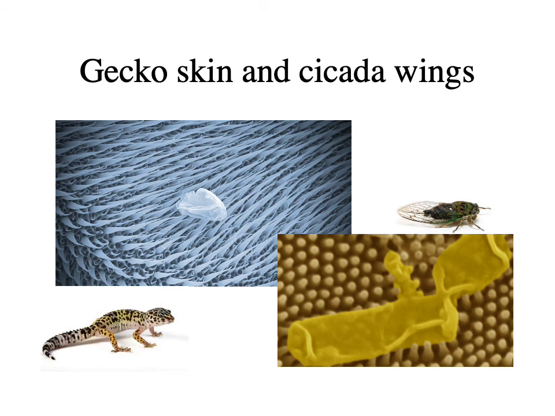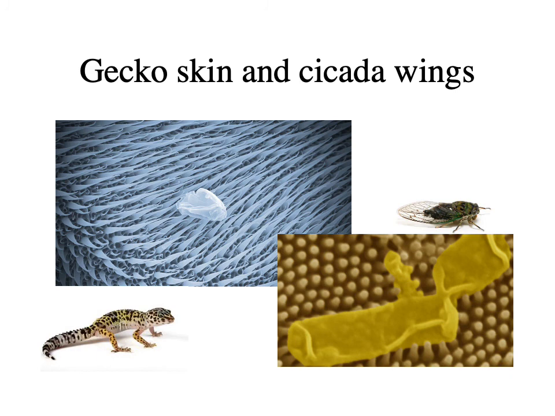I also read an article about gecko skins and cicada wings. Gecko skin is weird. It allows them to stick to glass, basically, which is kind of amazing. And cicadas are these horrible bugs that crawl out of the dirt every 7 years and make this horrible sound. We don't have a lot of that stuff here, but it's cool.